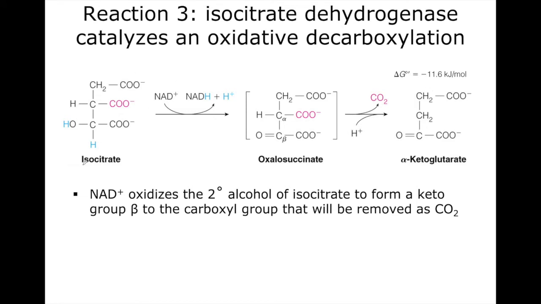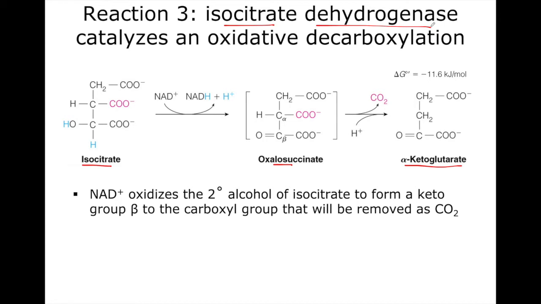We're taking our isocitrate that we just produced via aconitase, and we're going to produce a molecule called alpha-ketoglutarate. The intermediate here is oxalosuccinate. We don't need to memorize the intermediates, just mostly the reactants and products, but there is an interesting step here. This is an oxidation step. The enzyme that catalyzes this is called isocitrate dehydrogenase.